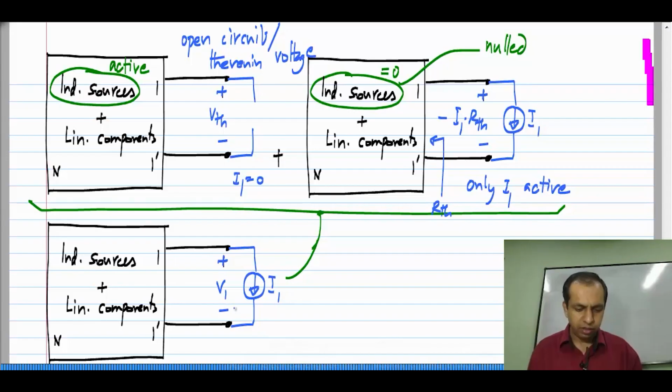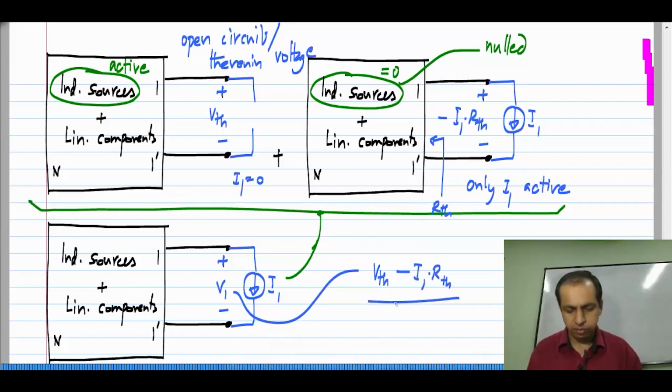So, clearly this V 1 here is a superposition of these two, which says that it is V t h minus I 1 times R t h.